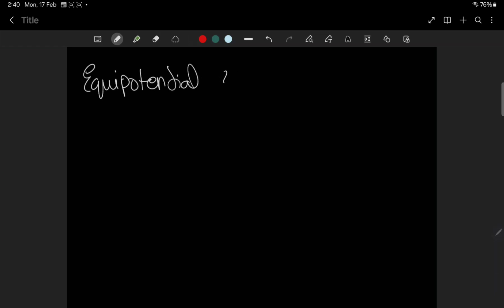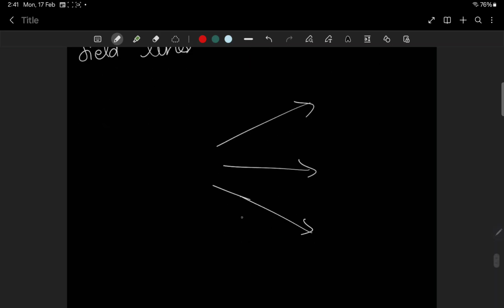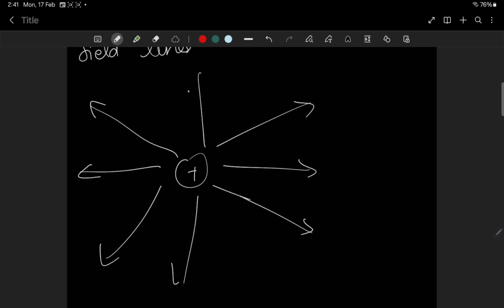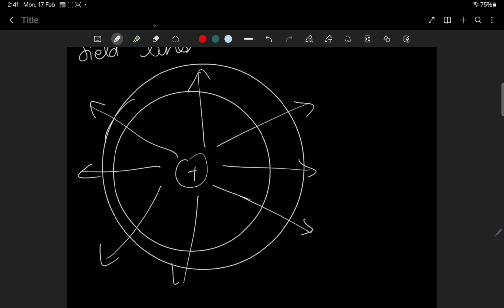Another fact is that an equipotential surface is always perpendicular to the electric field lines. If electric field lines are going out from a plus Q charge and I draw a perpendicular that is equidistant from the center, this line is like a screen. I cannot draw it in 3D, it is very difficult to show.